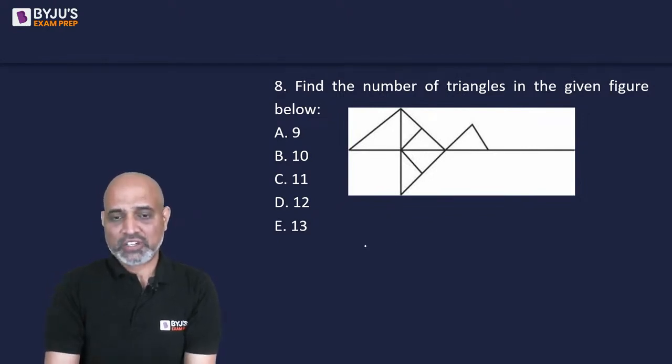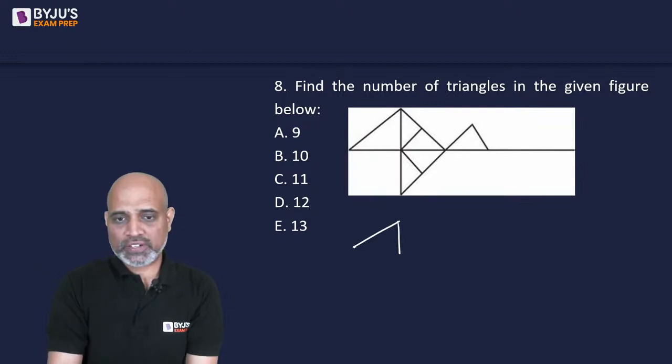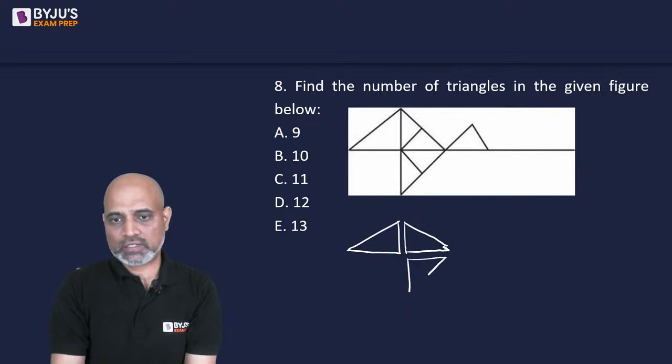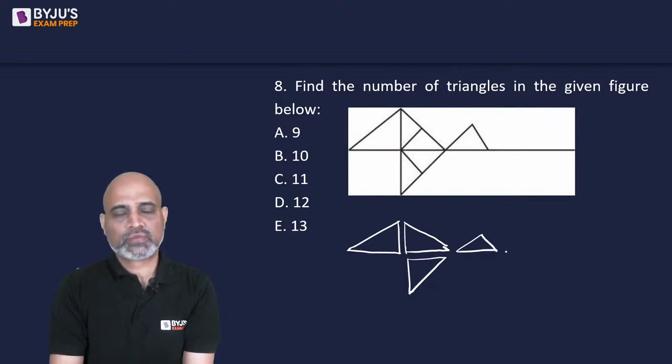Okay. So the first triangle is this particular triangle, right? The next triangle is this triangle. I'm calculating the small parts, okay? The next one is this, and then we have one this way. So we have 4 so far.